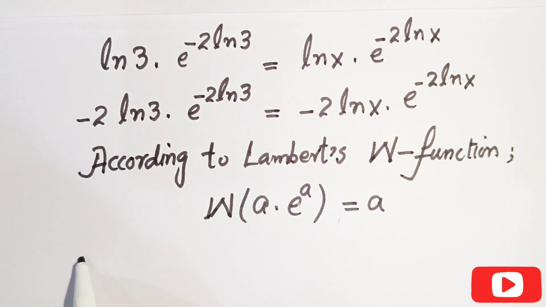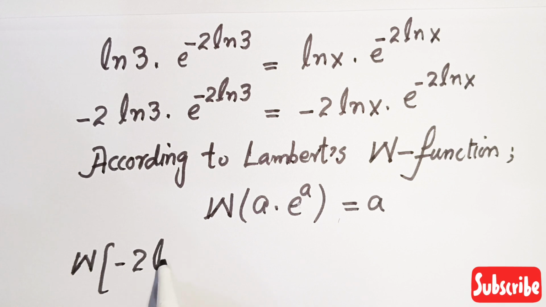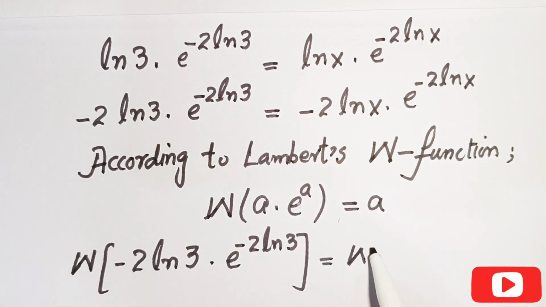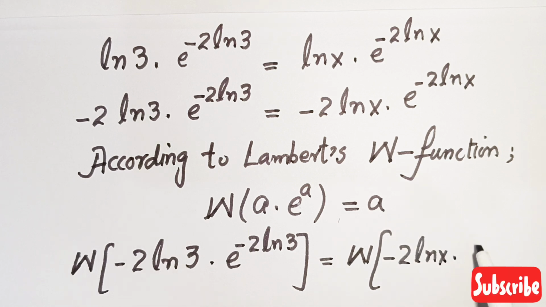So here, applying the Lambert W function on both hand sides, minus 2 natural log of 3 times e to the power minus 2 natural log of 3 is equal to the Lambert W function of minus 2 natural log of x times e to the power minus 2 natural log of x.